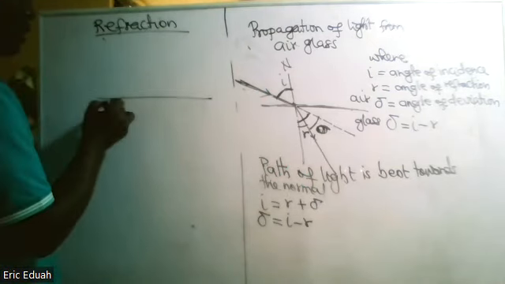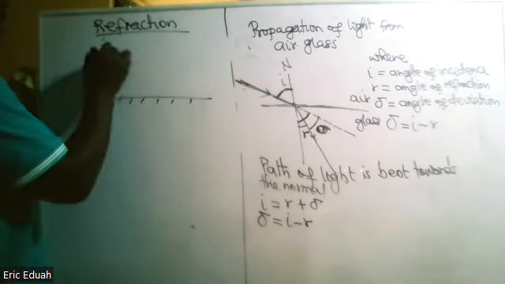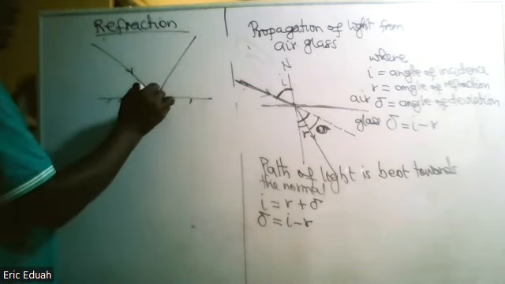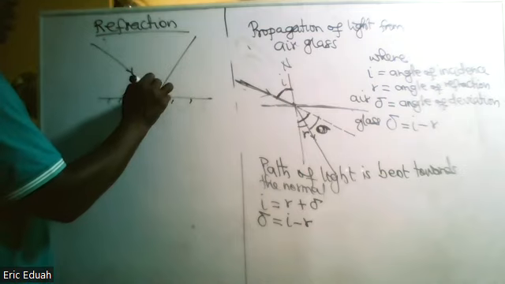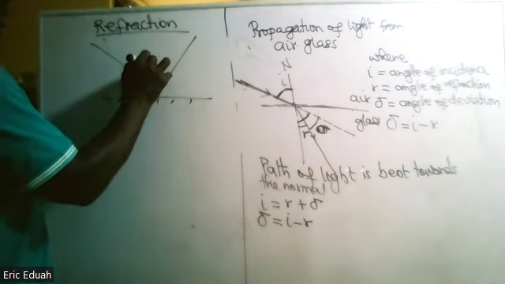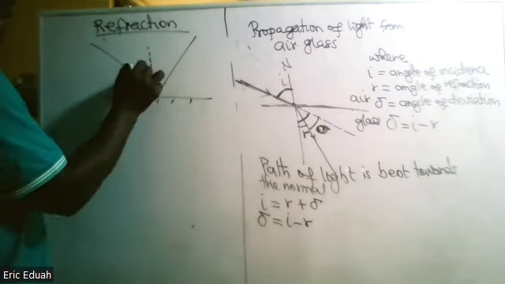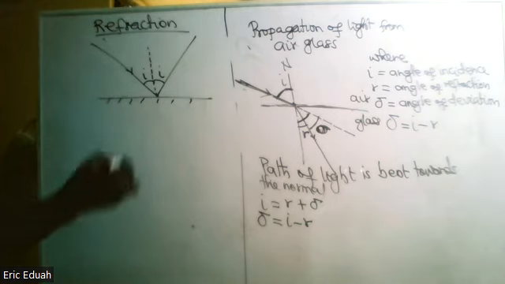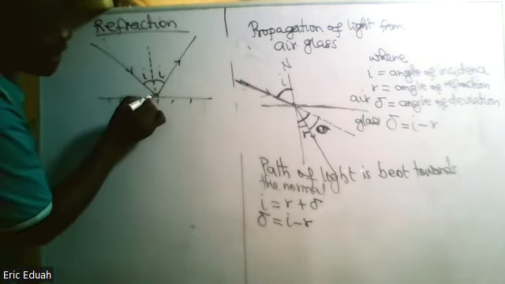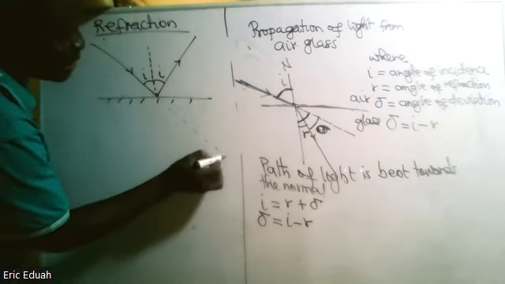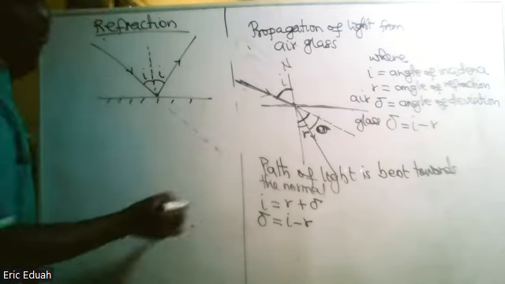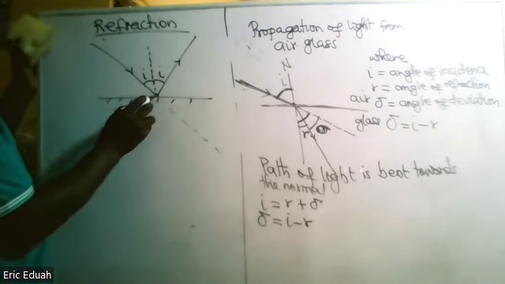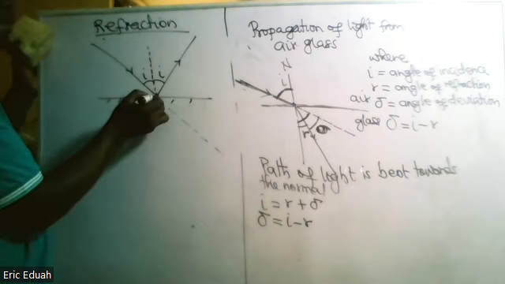If you have a mirror, incident light, reflected light, and this is the normal. So this is I, this is R, but I is equal to R. Originally, the path of the light is going this way. It's supposed to go this way. But because of its encounter with the mirror, its path is deviated.